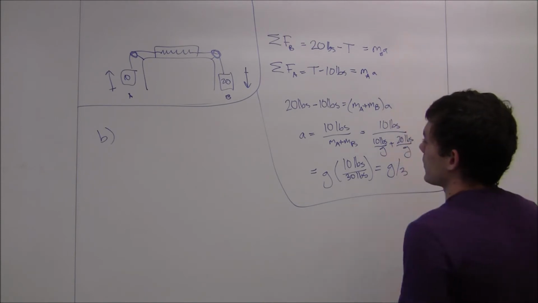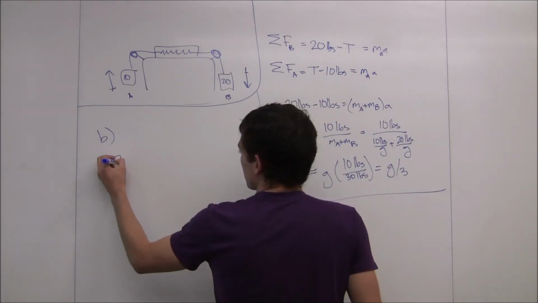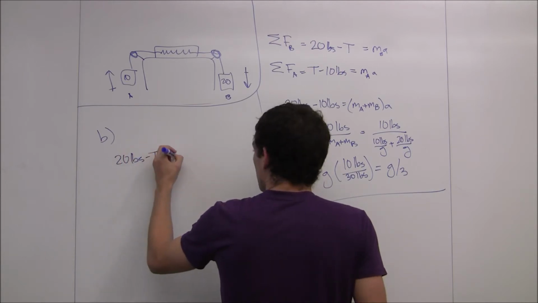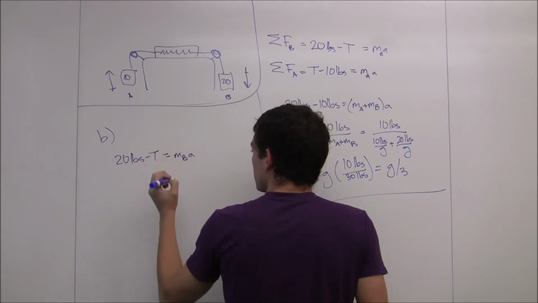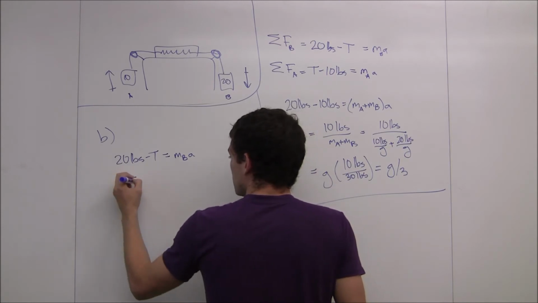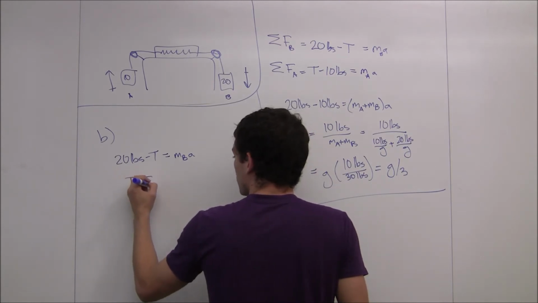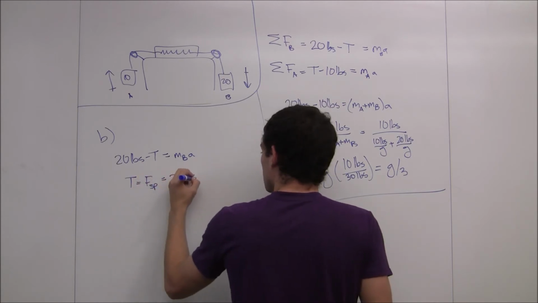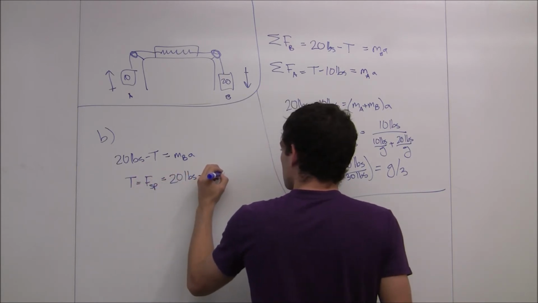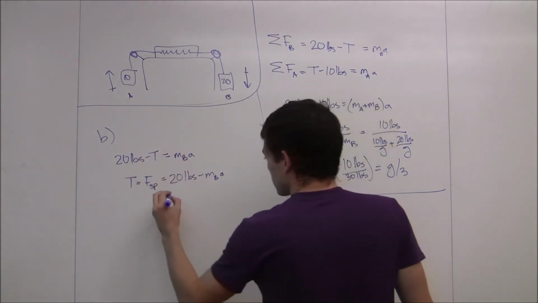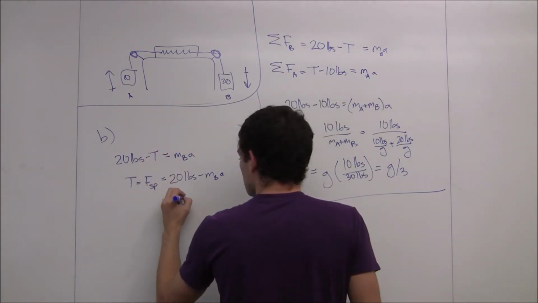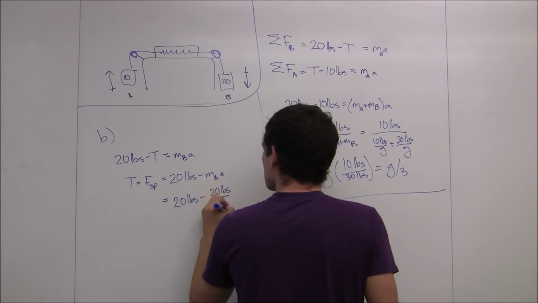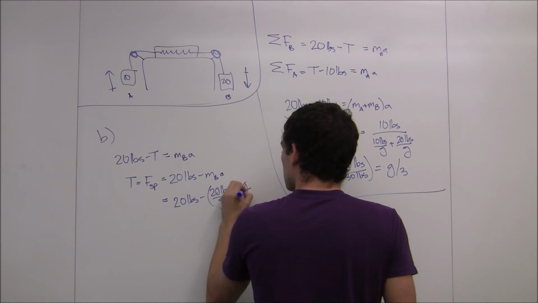So then we can just take this one equation right here, 20 pounds minus T is equal to M_B times A. T, the force of the spring, is equal to 20 pounds minus M_B times A, shifting this equation around. And so we get 20 pounds minus 20 pounds over g times g over 3.